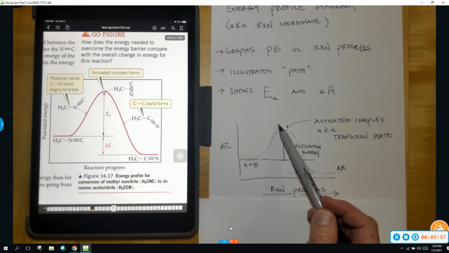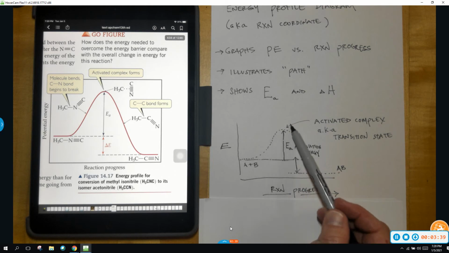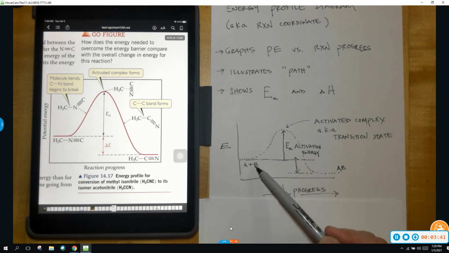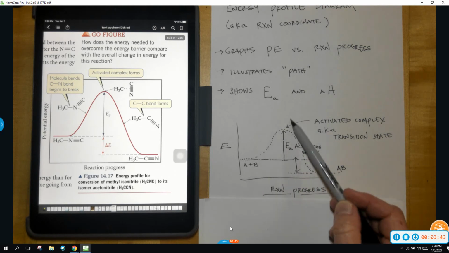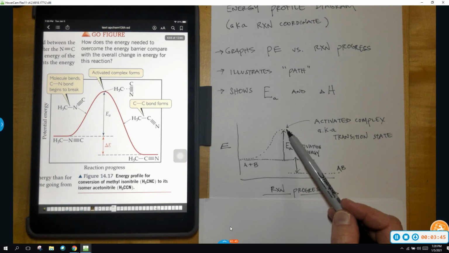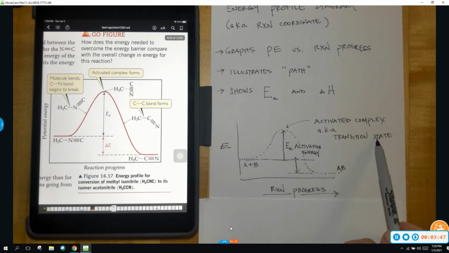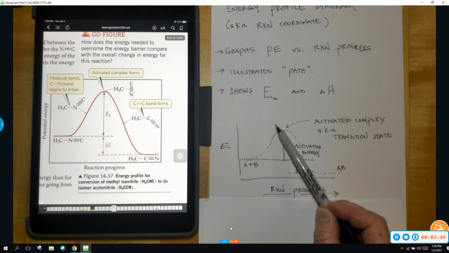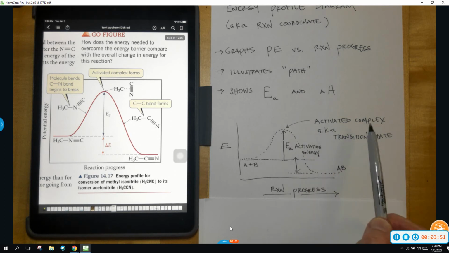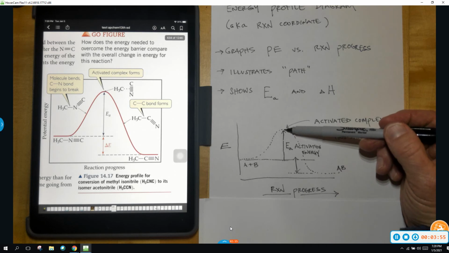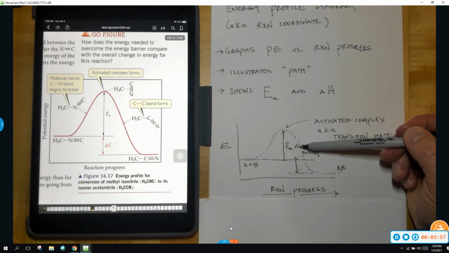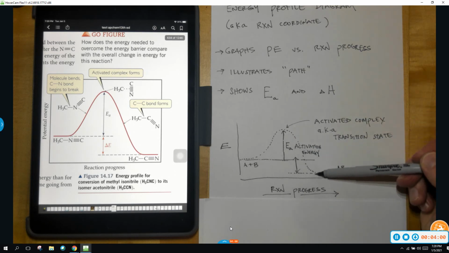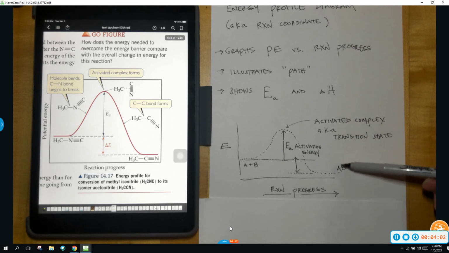And so it might be an intermediate that forms right here that's not A plus B, and it's not AB. It's something else, and it might only exist for a microsecond, but during this transition state, many times you see intermediate complexes form. They call them activated complex sometimes too. Then the complex finishes, and we are on a downward slope right here, and we end with the product AB.